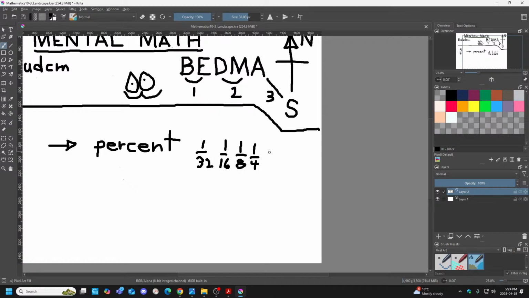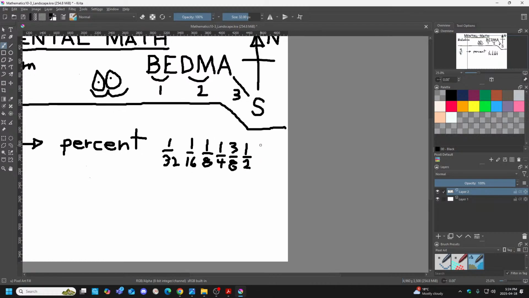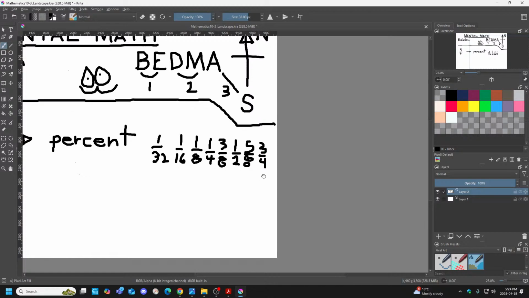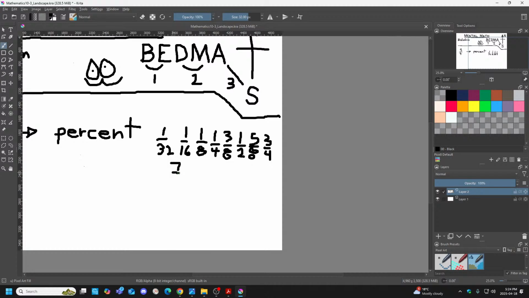I guess we'll go right to 3/8, 1/2, 5/8, 3/4. Those are kind of the most common. And then, of course, 7/8. And then you have 1, right?